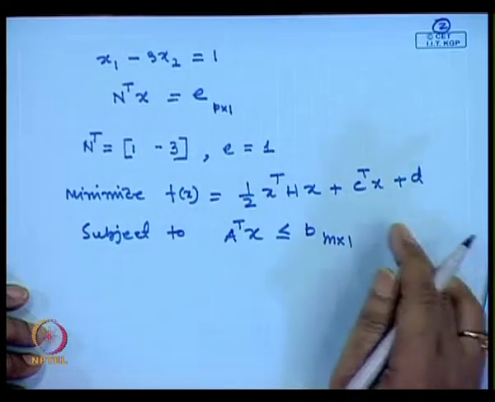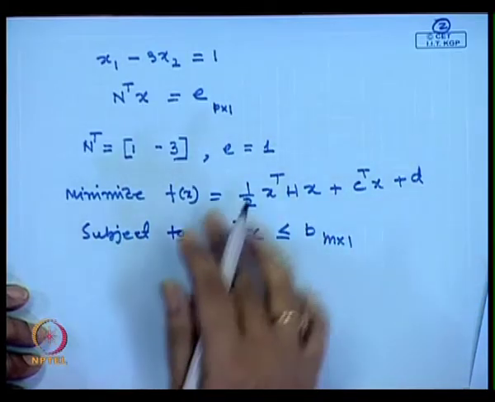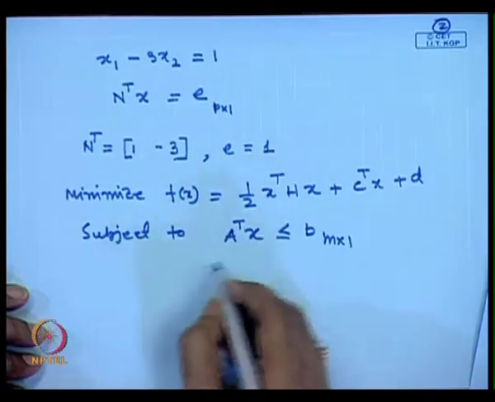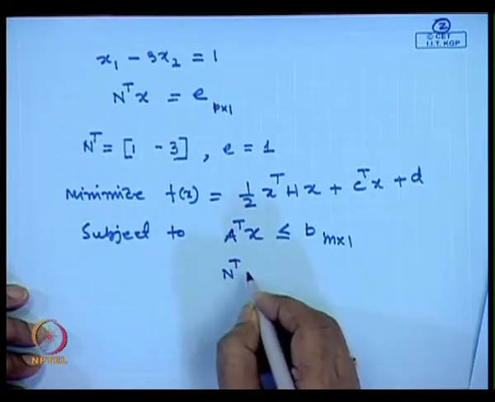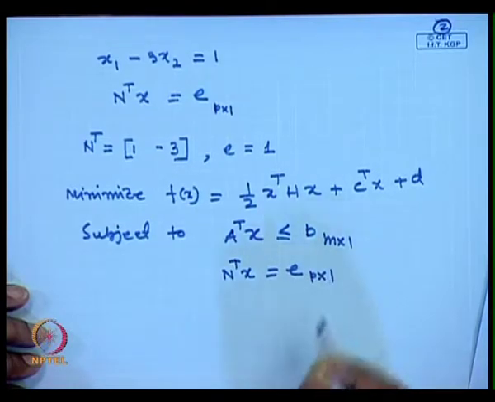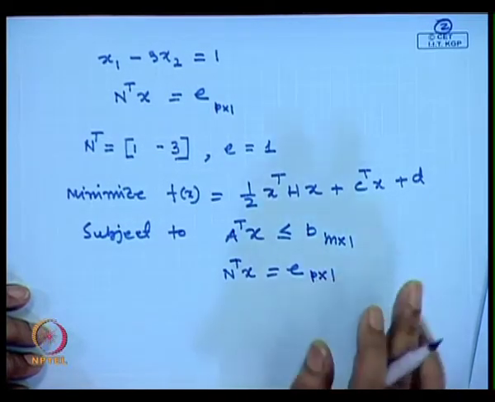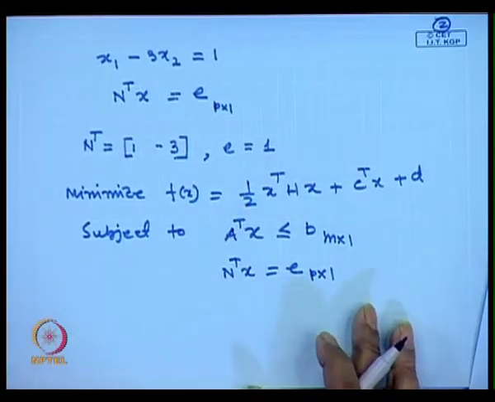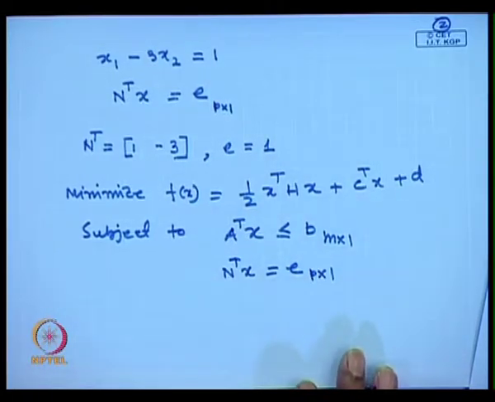There are m such inequality constraints combined together. And the equality constraint n transpose x is equal to e, that we consider p cross 1. Now, these problems can be solved by using the simplex method.